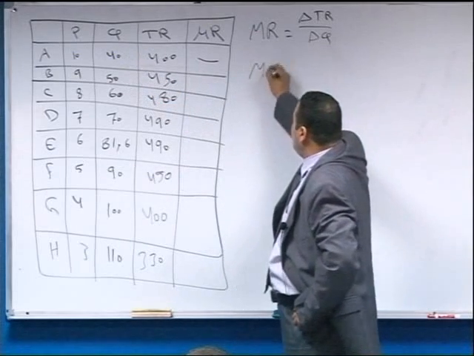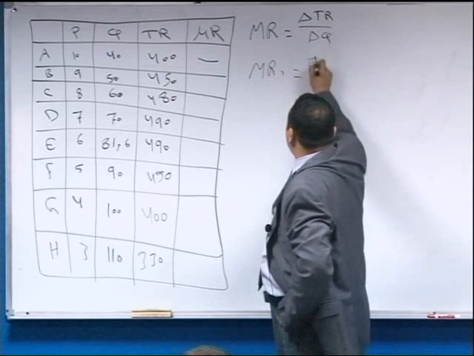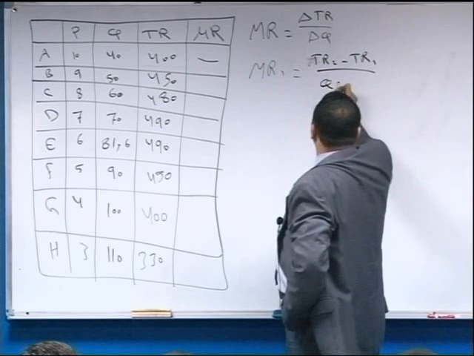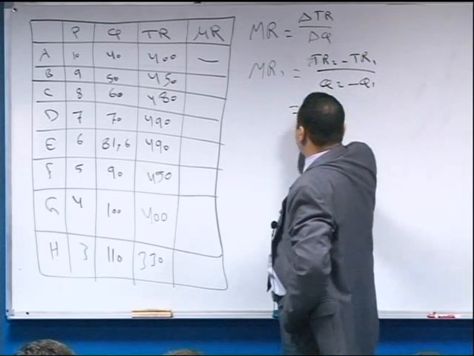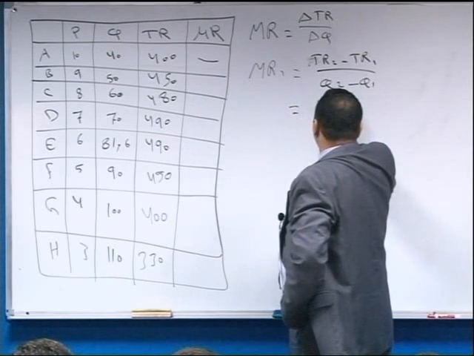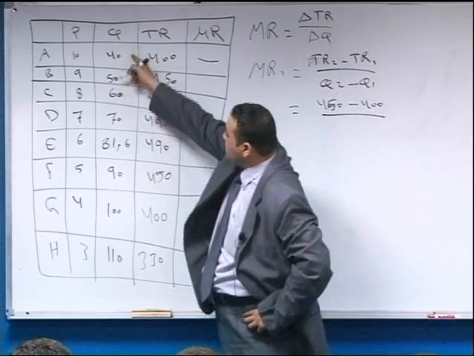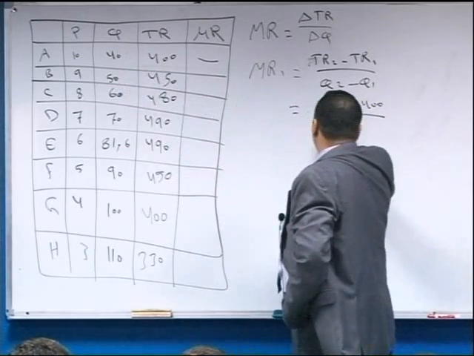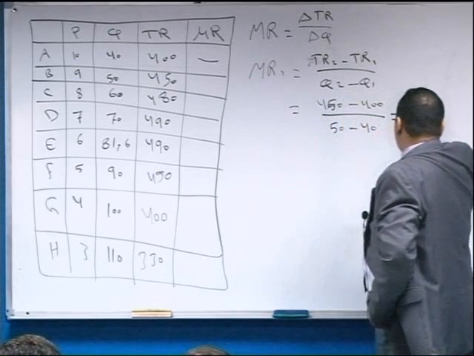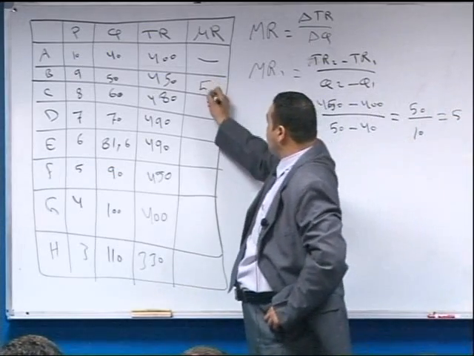In the first case, MR1 equals TR2 minus TR1 over Q2 minus Q1 equals 450 minus 400 over 50 minus 40 equals 50 over 10 equals 5. So it would be 5.